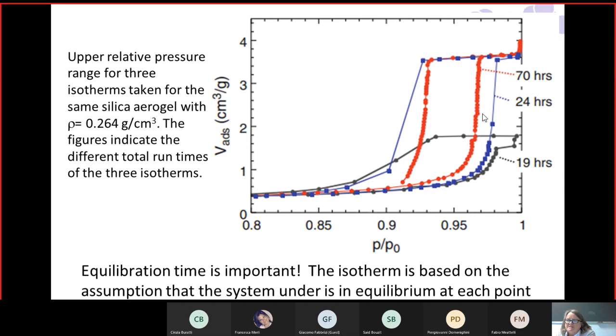But what this plot is showing is they did a 70-hour test and they got the red. They did a 24-hour test and they got the blue. They did a 19-hour test and they got the gray. And you will get very different results on the pore volume and the pore distribution just by looking at these differences.